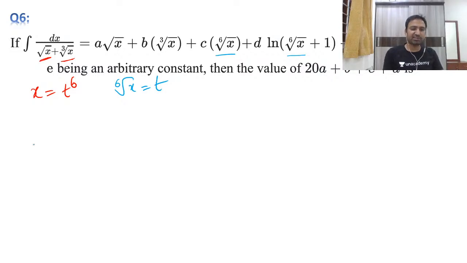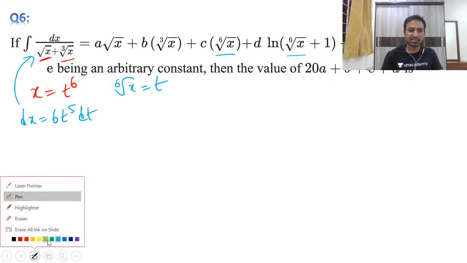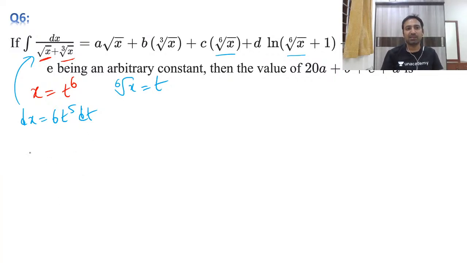So now let's differentiate this. If you differentiate this, dx is equal to 6 into t power 5 into dt. And these values you substitute here. Let's see what I get. I'm getting integration of dx, which we just calculated as 6 t power 5 dt, by root x.